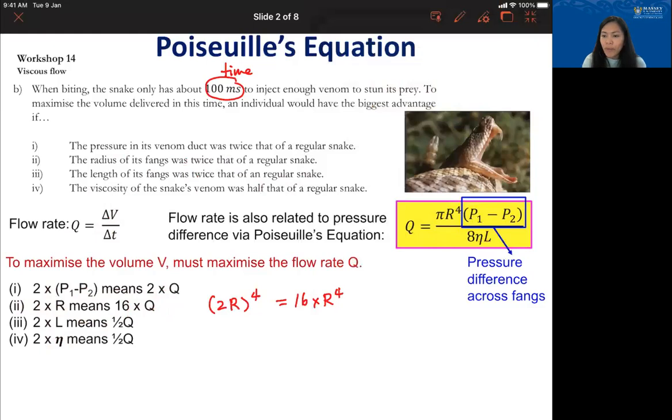So a smaller flow rate means it minimizes volume, because flow rate is the amount. So it's the other way around, Hannah. Flow rate means volume delivered divided by time. So the smaller the flow rate, the less volume you're delivering. If you think about it, a smaller flow rate means that your fluid is flowing slower, because flow rate is also equal to area times the speed of the fluid.